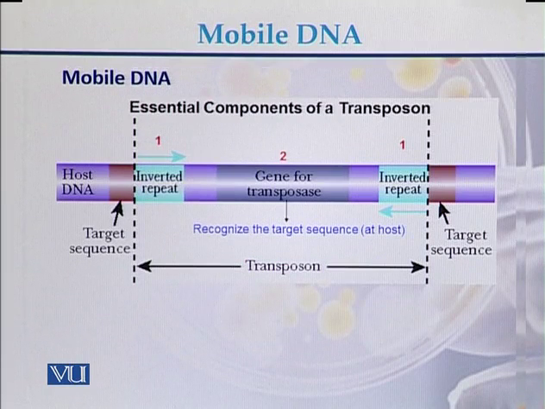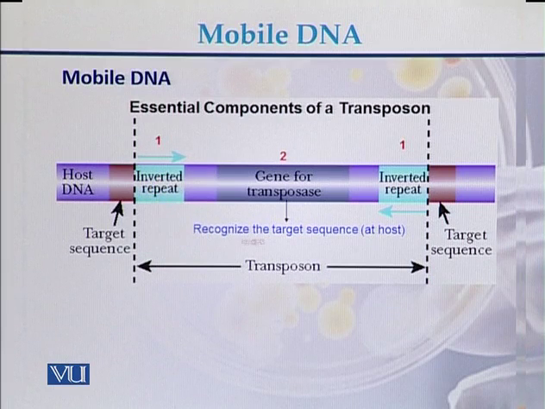If we see the detail of a typical mobile DNA or transposon, we see that there are two main components. In the middle, there is a gene for transposase, an enzyme which recognizes the target sequence. And on both ends, there are inverted repeats.